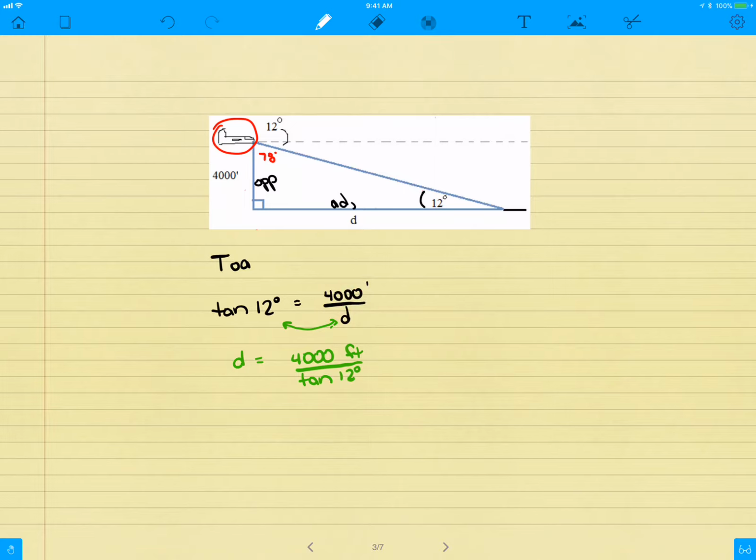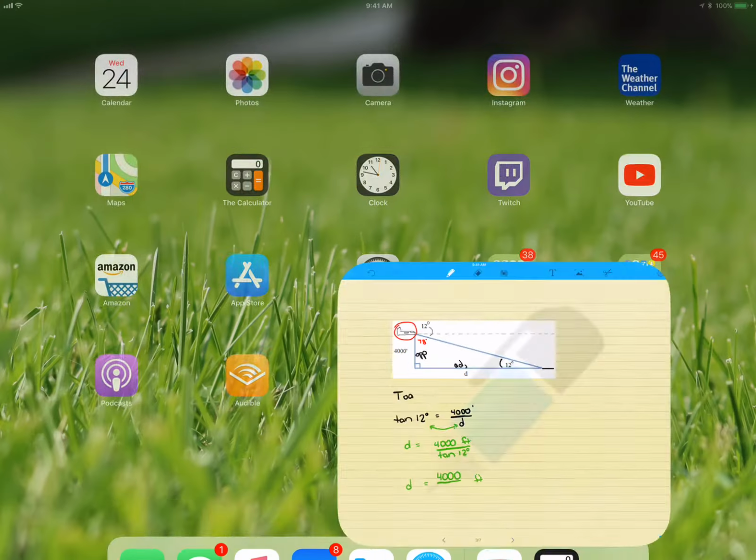Now for my calculator, most calculators you can just type that in exactly how you see it, but for my calculator I actually have to find out what the tangent of 12 is, because it's a non-menu driven calculator. So I'm going to put that decimal on the bottom of that fraction, and I know my label will be in feet. So I'm going to type in tangent of 12.